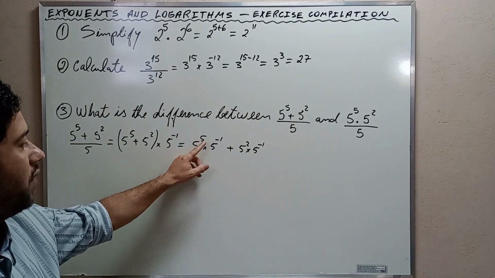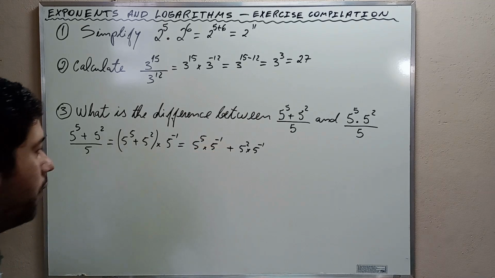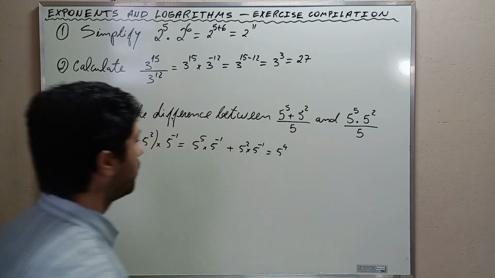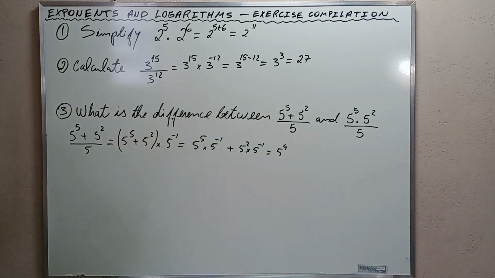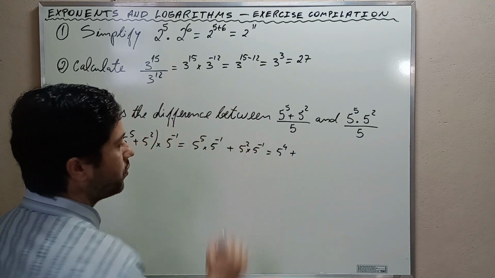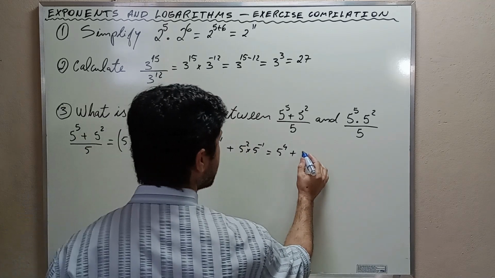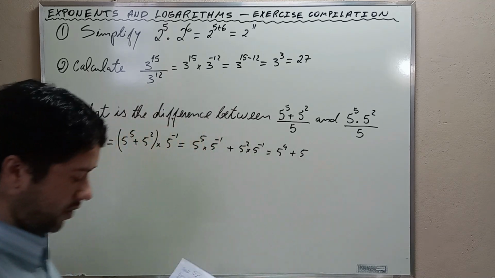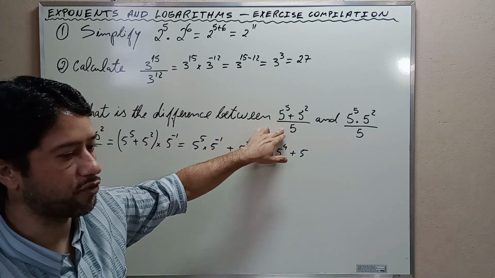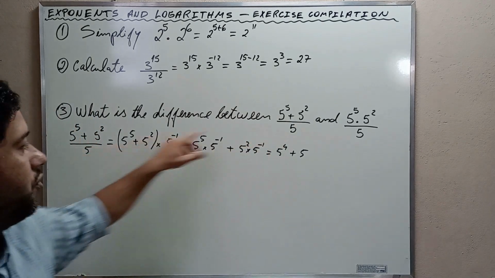Here 5 minus 1 is 4, so 5 to the 4th, plus 2 minus 1 is 1, simply 5. And this is the solution of this. We have simplified this into this.